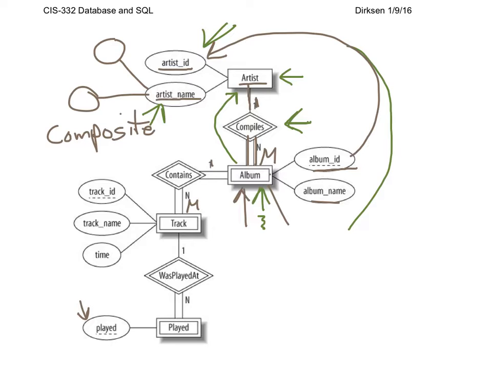Now an artist could have an address and so forth, and a phone number. Phone number could be a composite because it could be area code, number. So we looked at some examples of that.